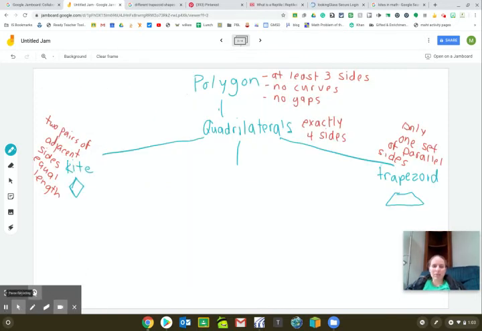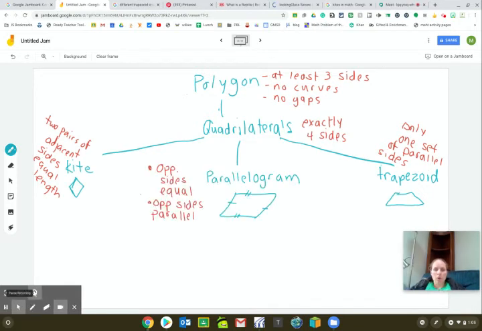The last main category of quadrilaterals is going to be a parallelogram. What makes something a parallelogram is a quadrilateral that has opposite sides that are equal in length and opposite sides that are parallel with one another. So both sets of sides are parallel and would never cross.